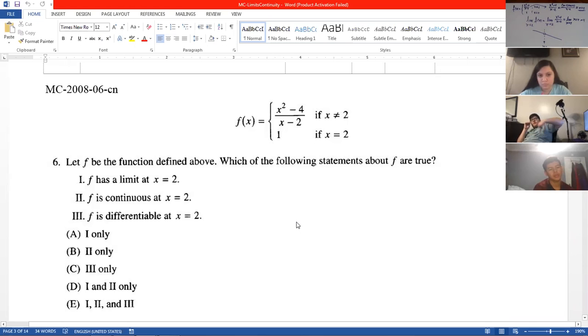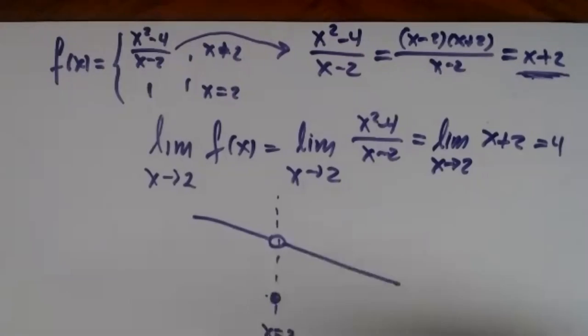There is no point, so you cannot plot a tangent, correct? So the answer is only 1. So my answer is this one, you see? Now, I'm going back to the reasoning. Is my reasoning clear for you? Yeah? This is something you can simplify. If you want the limit of this, you have to approach 2 from the left, from the right.